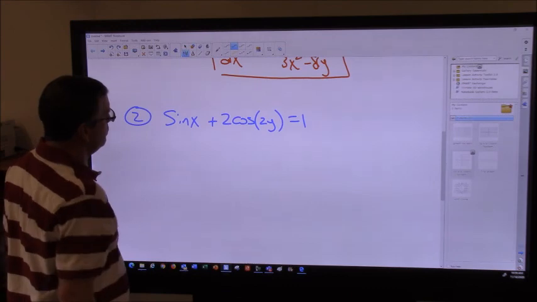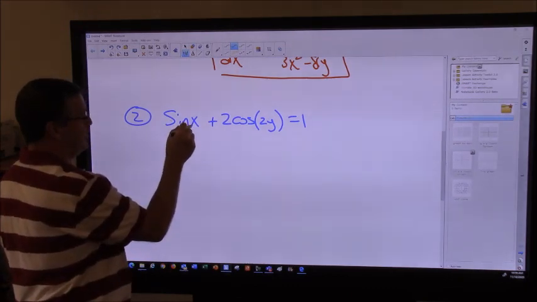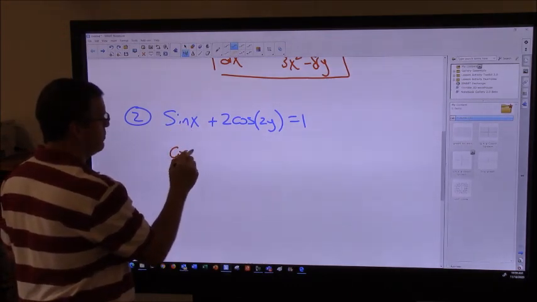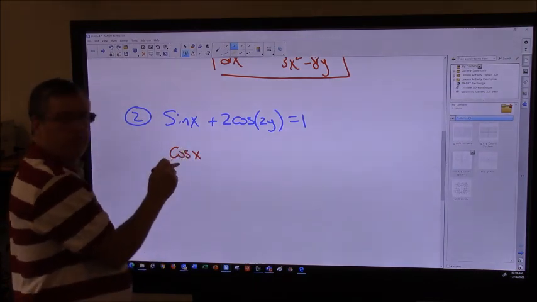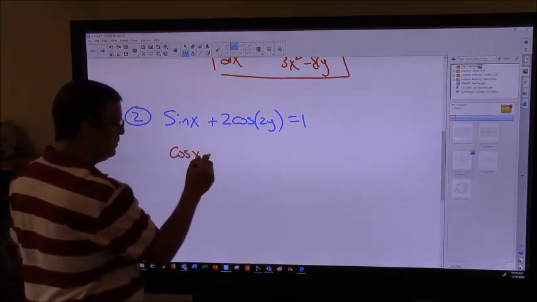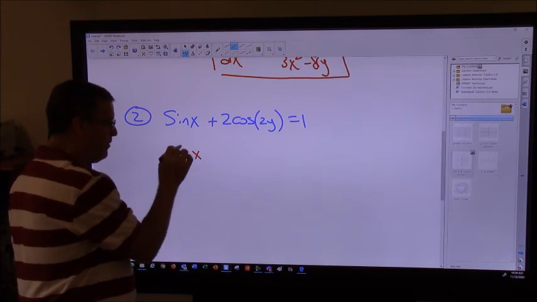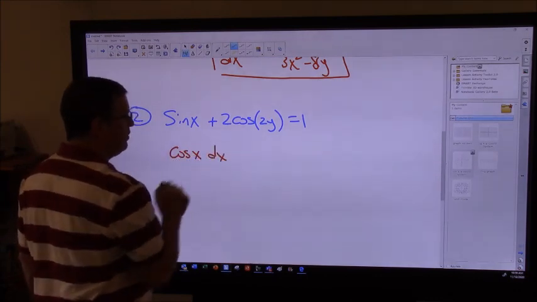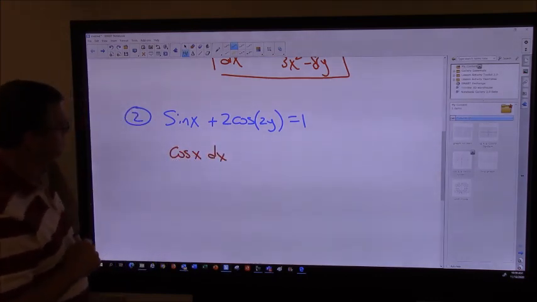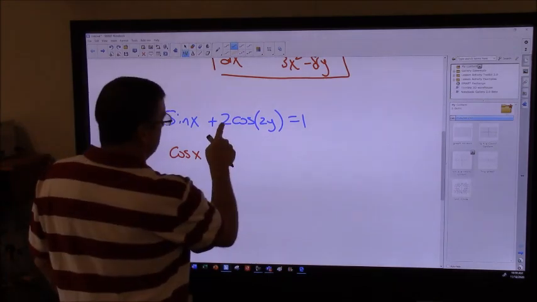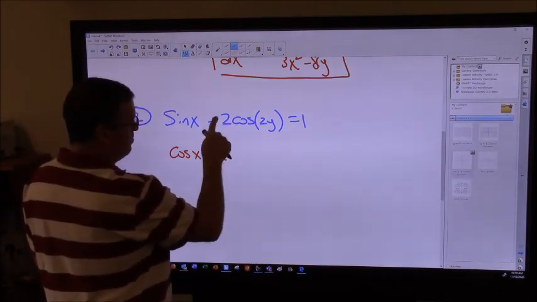So I look at this and say, okay, derivative of a sine of x is a cosine of x times the derivative of the angle, which is 1. And at the moment I take the derivative of the angle, I just took the derivative of an x variable. Okay? When I take the derivative of a cosine, that's going to be a negative sine.